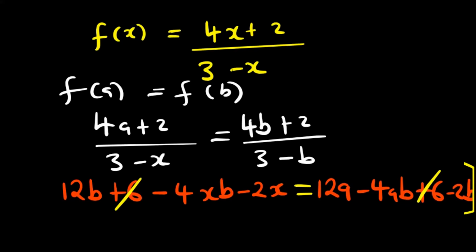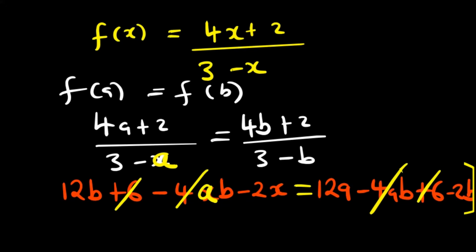We've got negative 4ab, and negative 4ab on the other side. Wherever there is x, we are putting a. So negative 4ab and negative 4ab on the other side, they're also going to cancel.